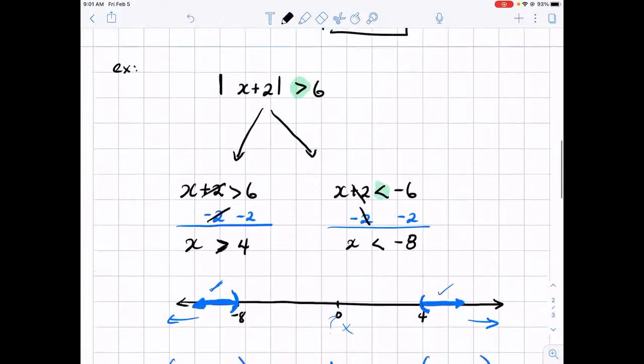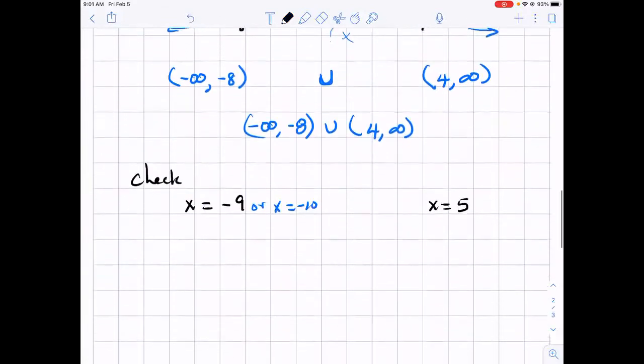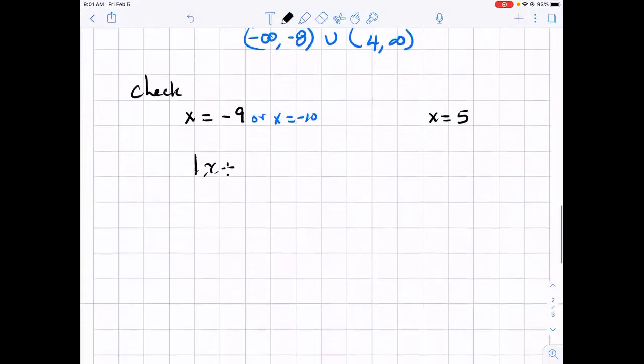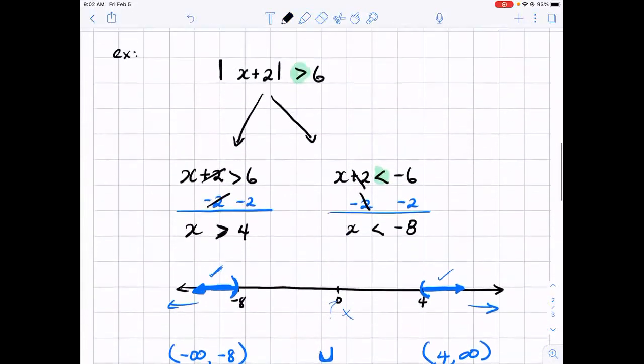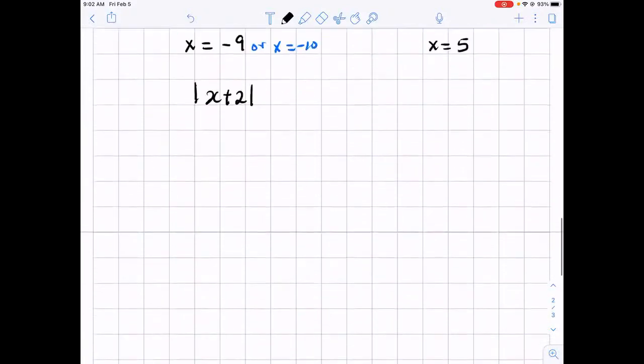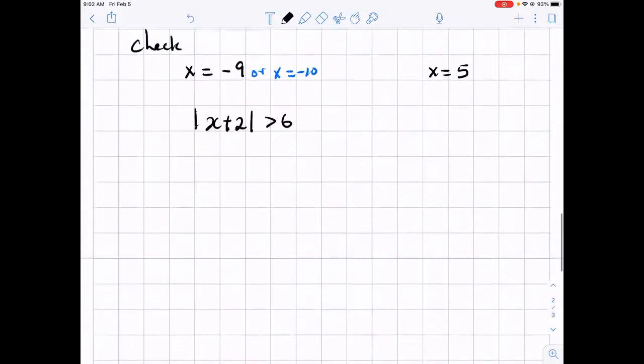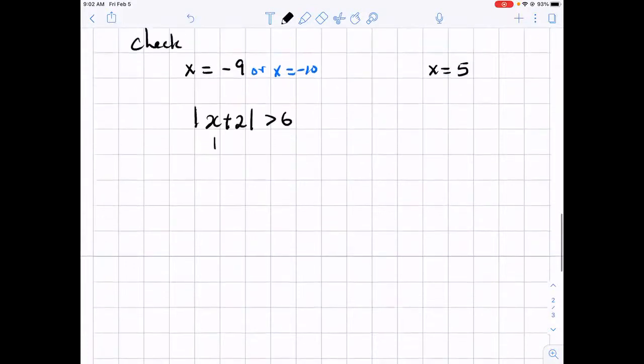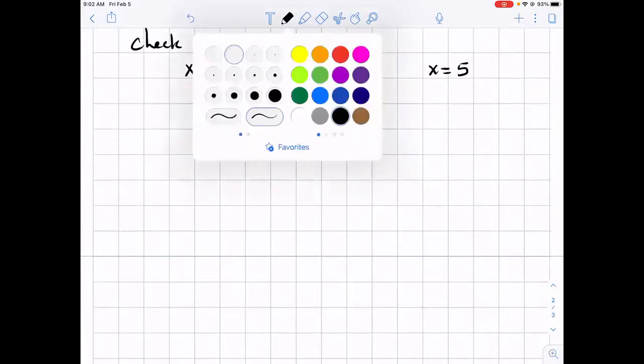So let's try it. Our equation was the absolute value of x plus 2 greater than 6. So let's try -10. Let x equal -10.